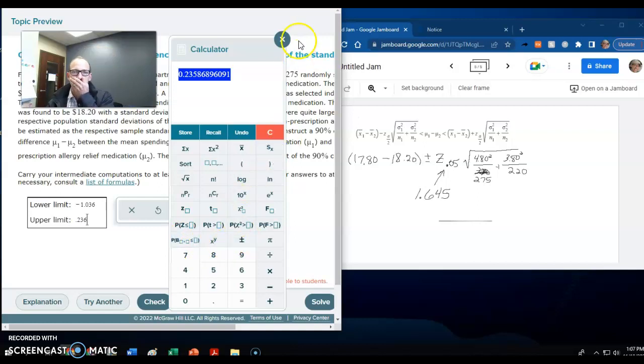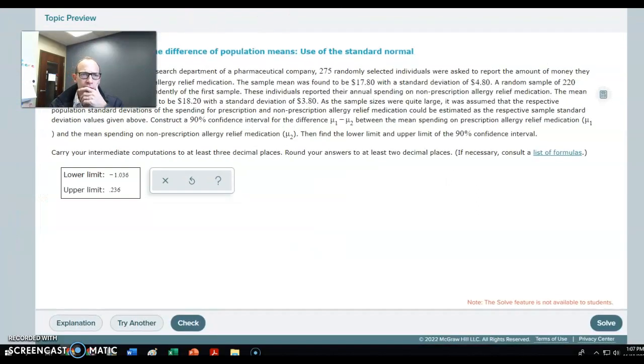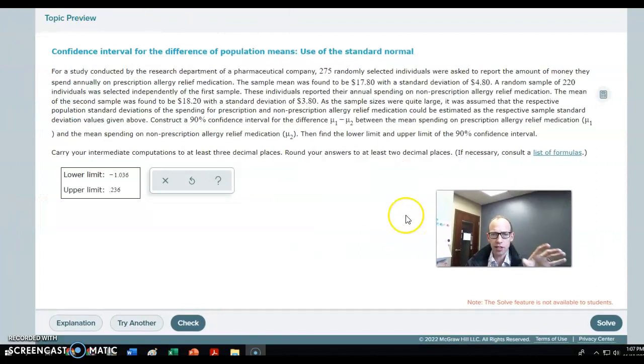0.236. So what is this saying? Let's take a second here just to think about what this is telling us. We're looking at prescription allergy relief and non-prescription allergy relief, and we're looking for the difference between the two.